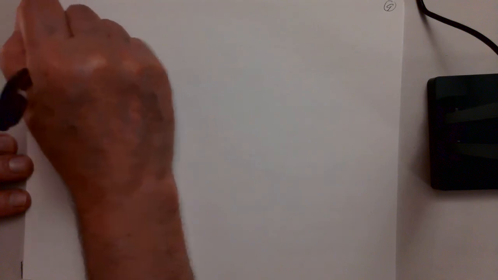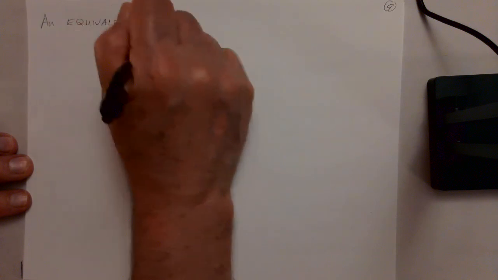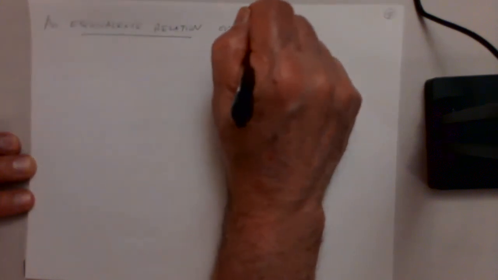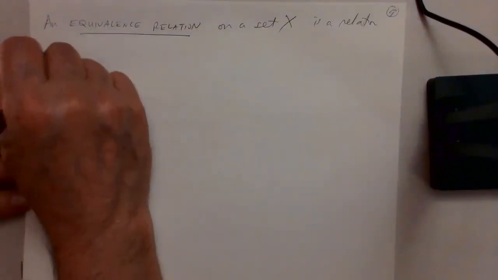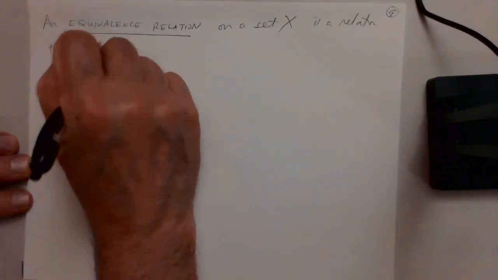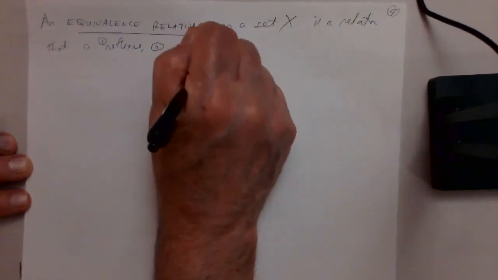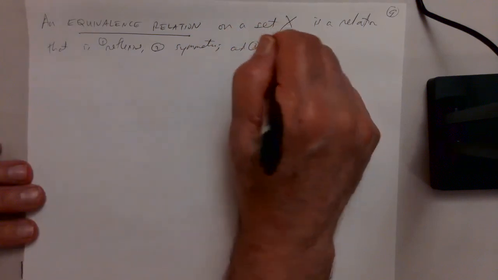And we say it's called an equivalence relation. So an equivalence relation on a set X is a relation that is reflexive, symmetric, and transitive. It's a relation that has all three of these properties.